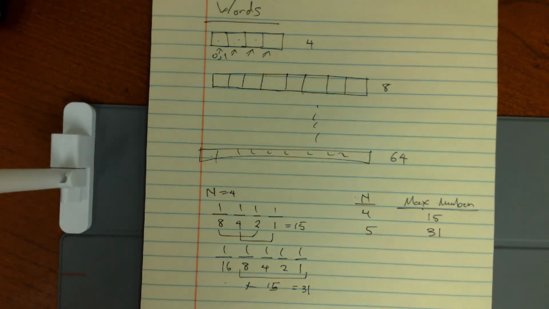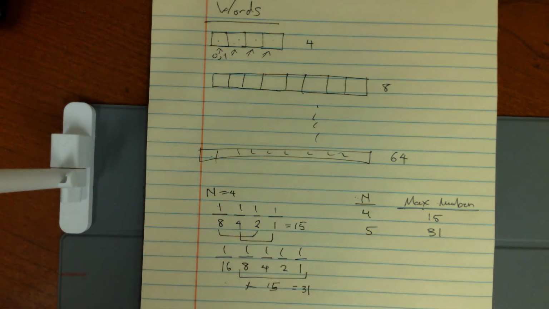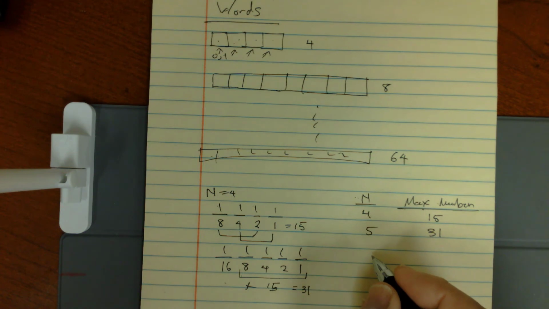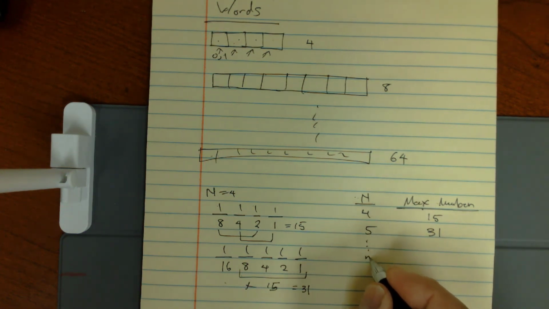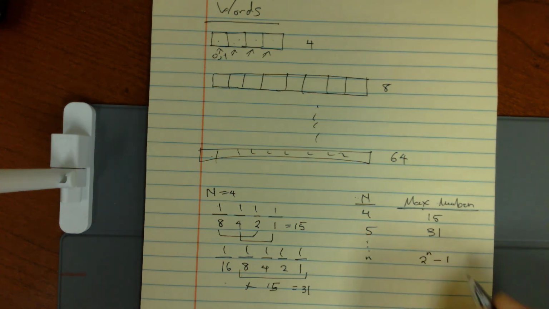And you might think, wait a moment, what? This was 15, and that was 1 less than 16. If I'd added 1 more up here, I would have popped over and gotten all zeros there. And then when I added it to the 16, it's like I almost doubled it. So you can get a formula: if you have n bits, the maximum number that can be represented is 2 to the n minus 1.